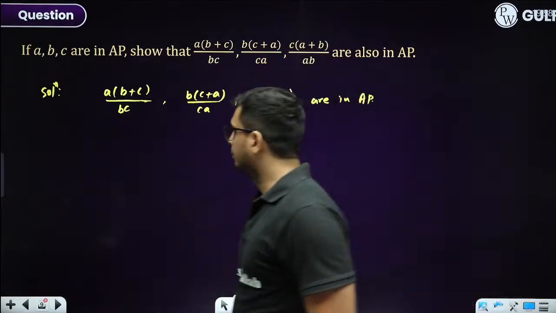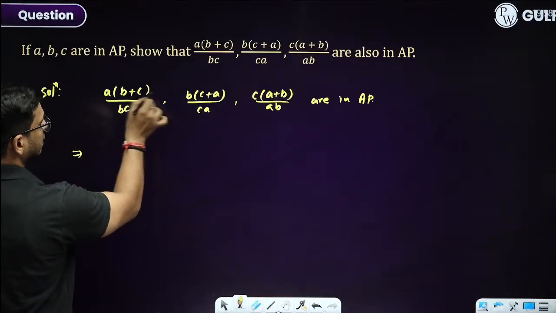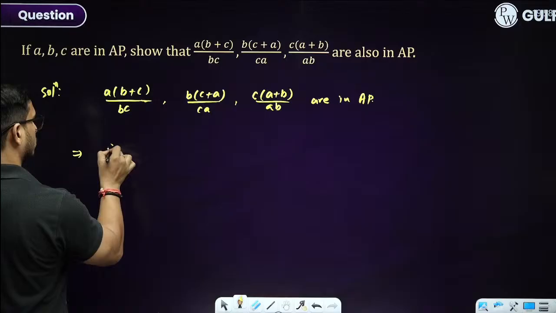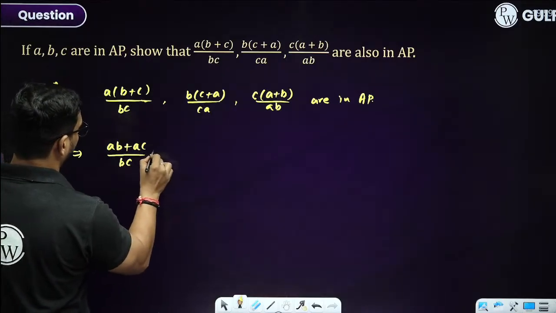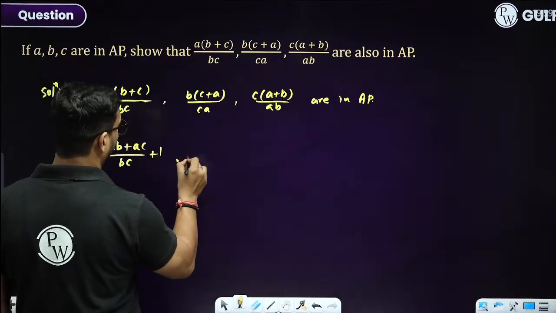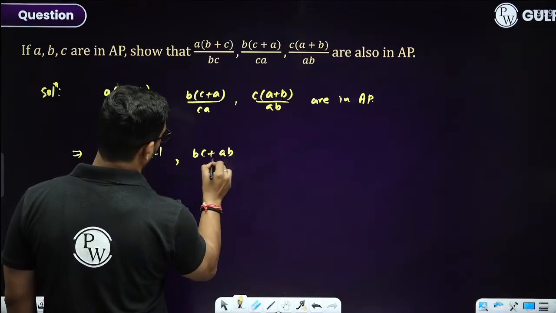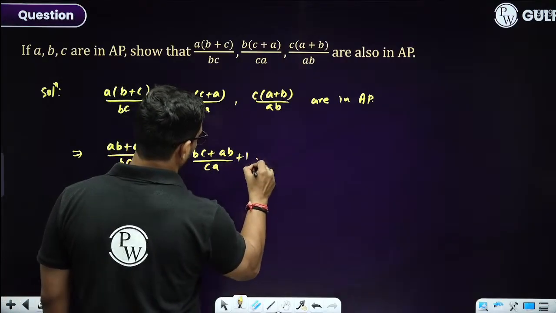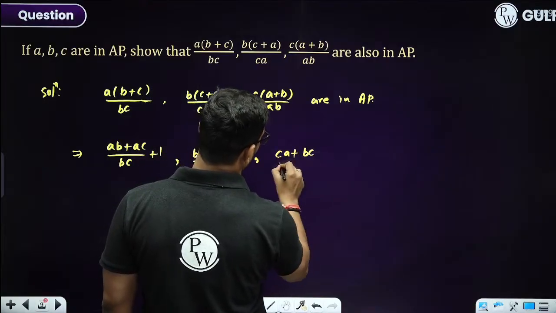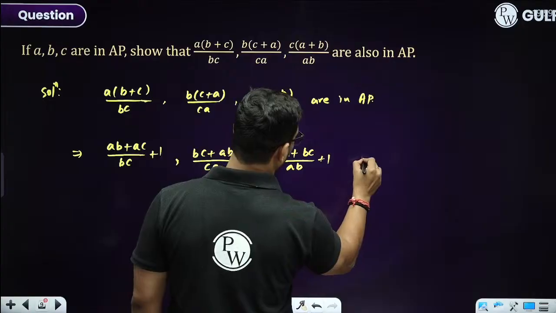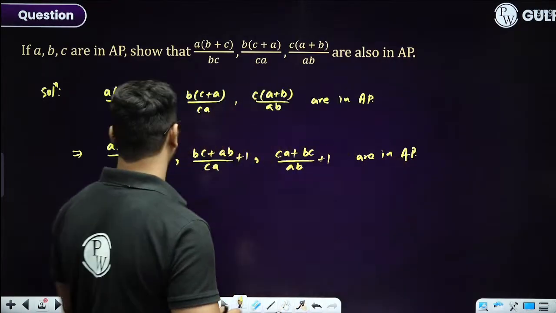Okay, see what we can do here, guys. We can just multiply, correct? So this should be AB plus AC by BC. And can we add 1? BC plus AB by CA plus 1, CA plus BC by AB plus 1 are in AP, correct?